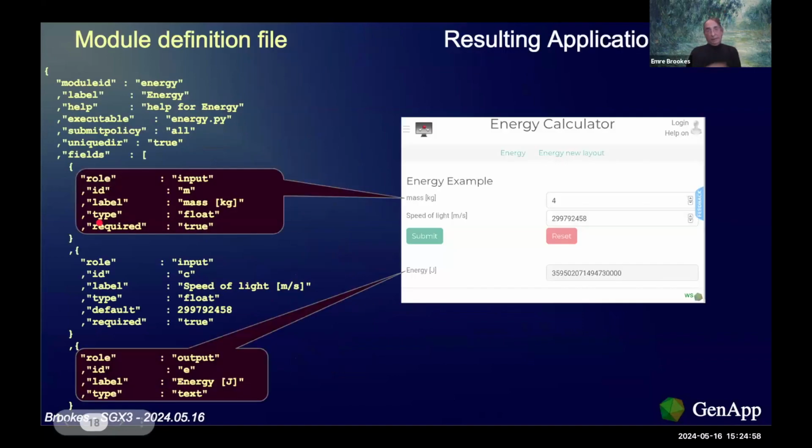So when an application is generated, each one of these may generate an entry in the resulting user interface. So here, the mass goes here and the energy output shows up here. And so this is an application that was generated from that module definition file.